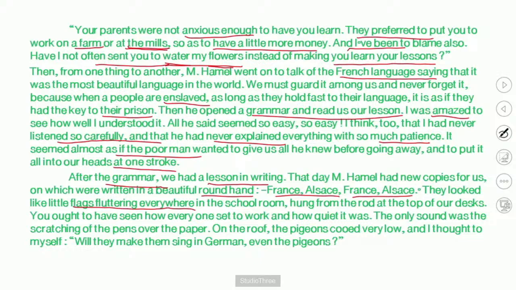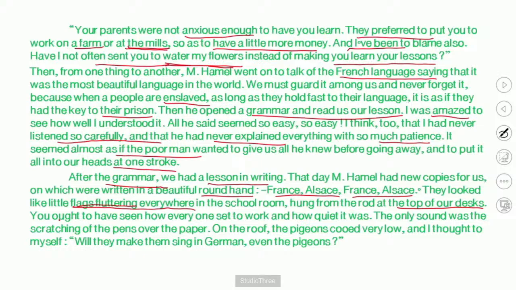Means these words or sentences were written in the new copies, and they were shown in the class, and they were looking like flags fluttering, hung from the rod at the top of our desks, and that is looking very nice.